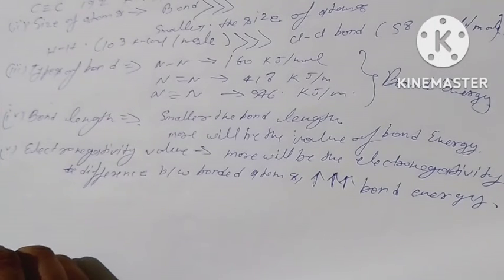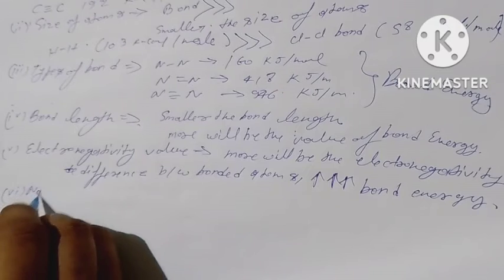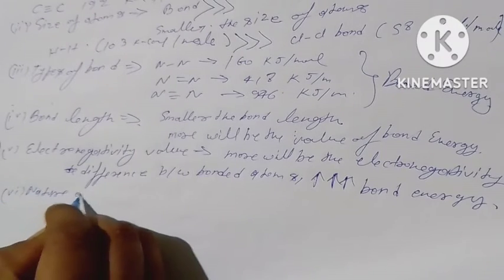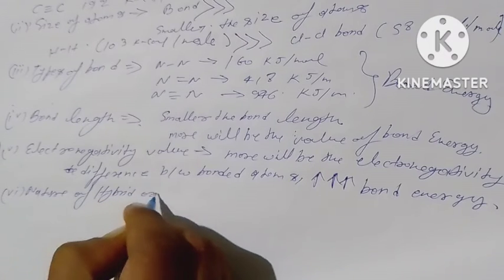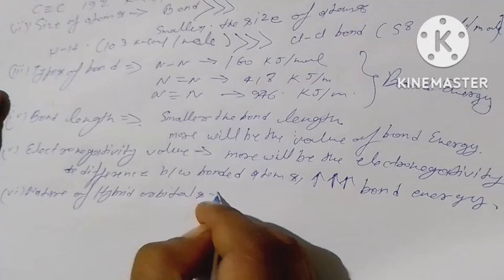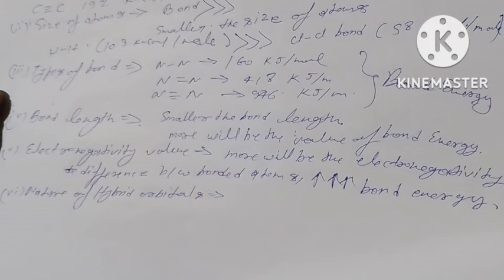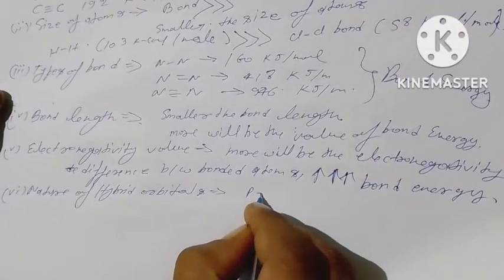Sixth, nature of hybrid orbitals. Okay, nature of hybrid orbitals. As p character increases, the bond energy decreases.